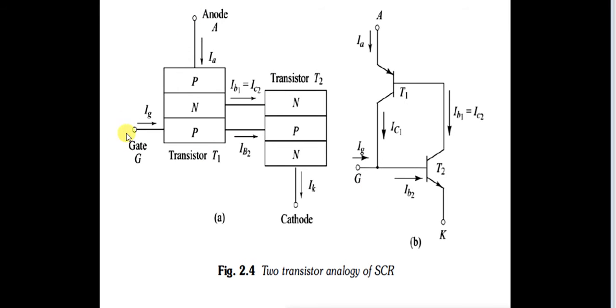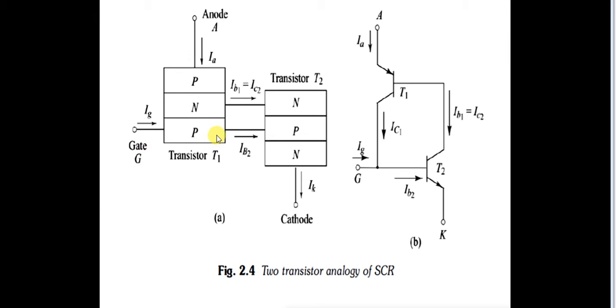In this diagram, this P type material is the emitter of the PNP transistor. In this PNP transistor, this P type emitter represents the anode. This P type is the collector, representing the gate.